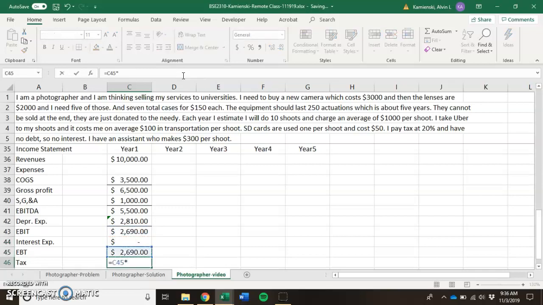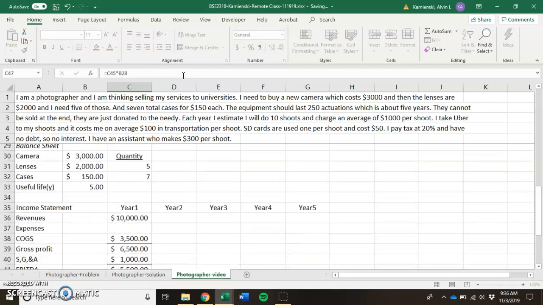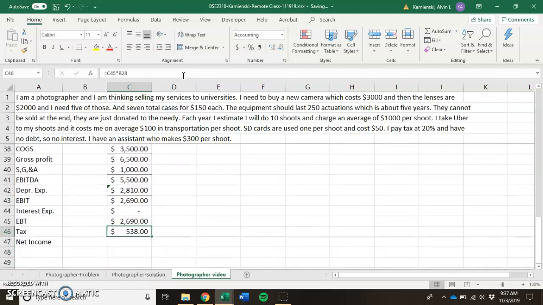Tax is going to be 20% of the earnings before tax, also known as taxable income. So we'll pay $538 in taxes per year. Thereby my net income will be just over $2,100 per year.